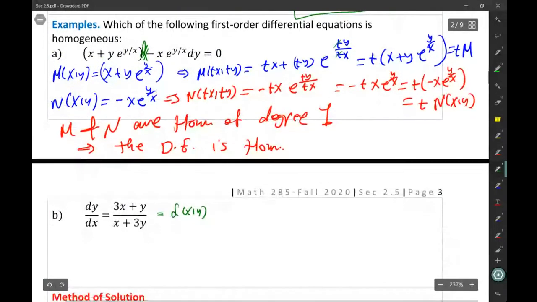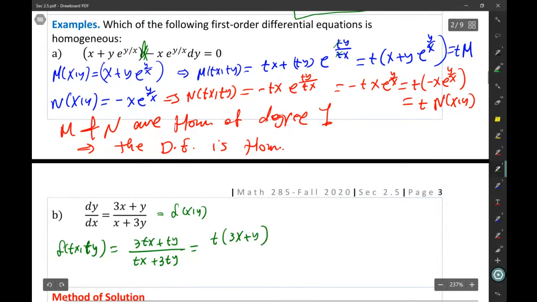So now f of tx, ty is equal to (3tx plus ty)/(tx plus 3ty), which equals t times (3x plus y) over t times (x plus 3y). Now you will see that t will cancel t, so that becomes 1 times (3x plus y)/(x plus 3y).